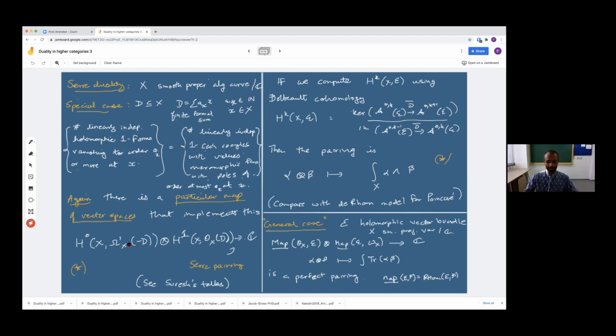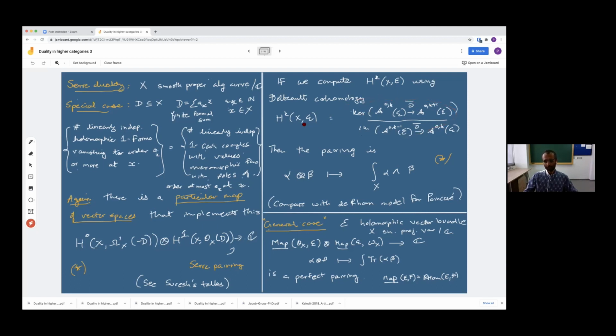Now, I can interpret this as a special case of the Serre pairing. More generally, if I have a holomorphic vector bundle, then I can compute the sheaf cohomology using Dolbeault cohomology instead of check cohomology, which is the cohomology of this complex, where you take 0-forms with values in E, and you look at the Dbar operator acting on it. You take the kernel of that, divide by the image. That's a complex which resolves E. So you get the cohomology of E in this way.